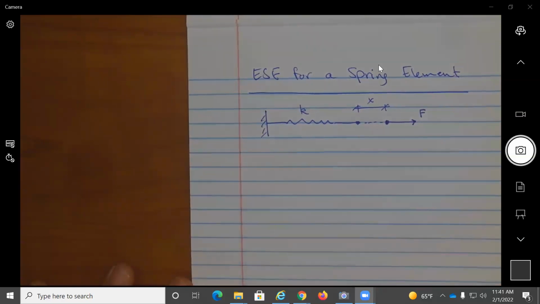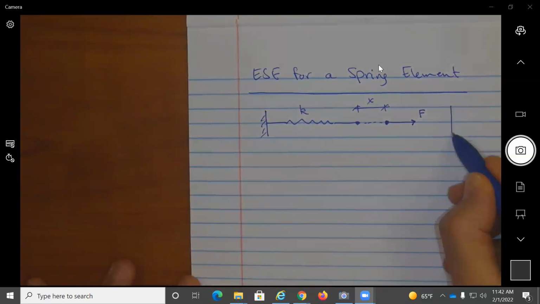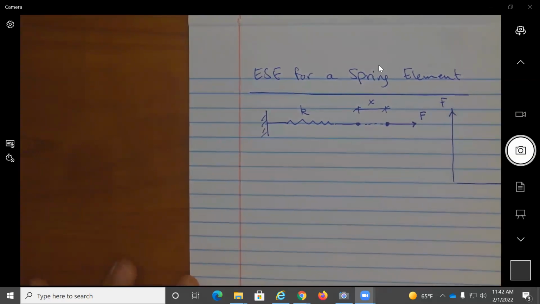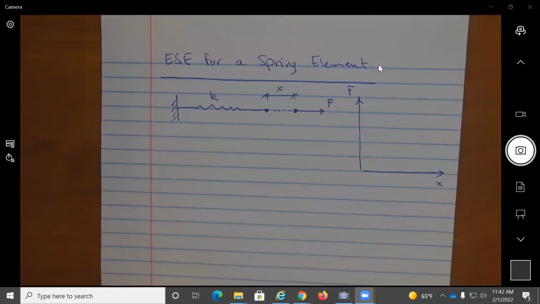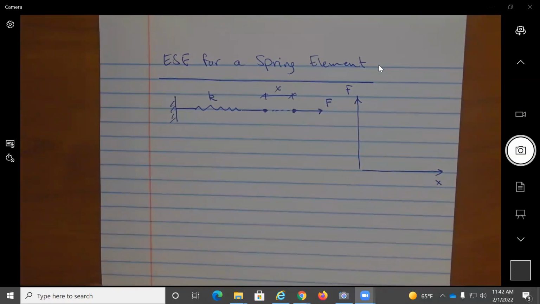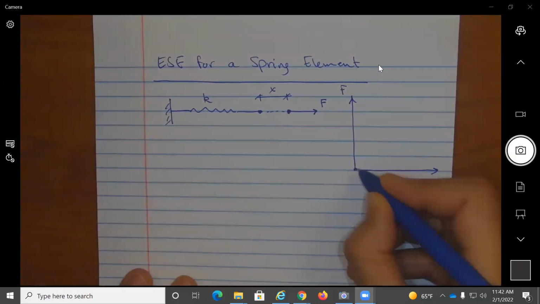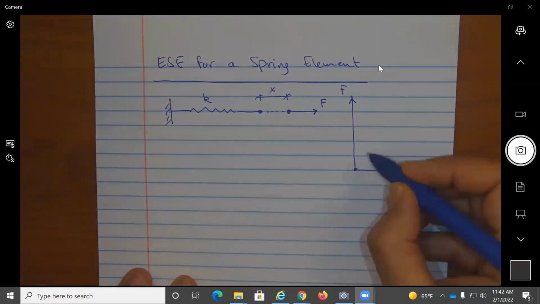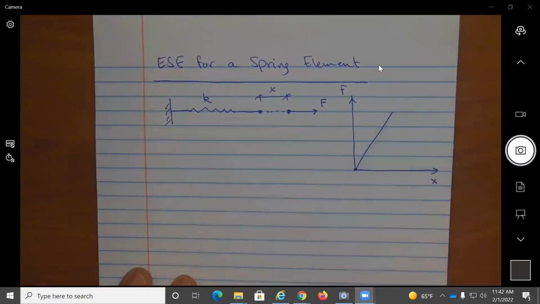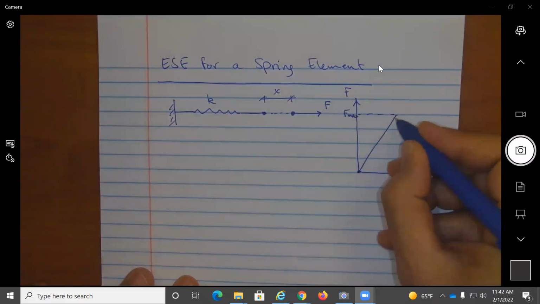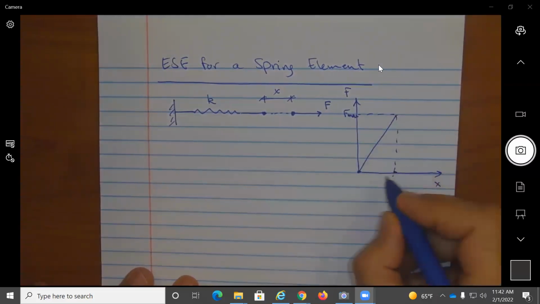I may represent for a linear spring this relationship using a graph. This is F and this is X. As I apply the force F, starting from a displacement of 0, I get this linear function where at F max, the displacement is equal to X max.